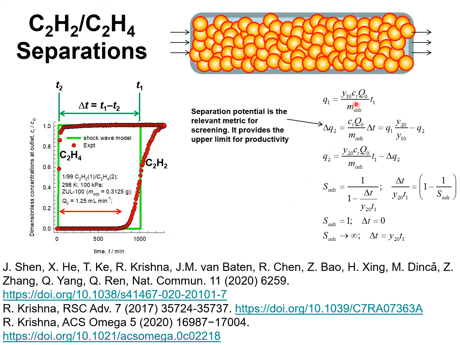This, in the shockwave model for a fixed bed adsorber, is given by this expression, where Y10 is the mole fraction of component 1 at the inlet, Ct is the total molar concentration of the mixture at the pressure of 100 kilopascal and temperature of 298 Kelvin.